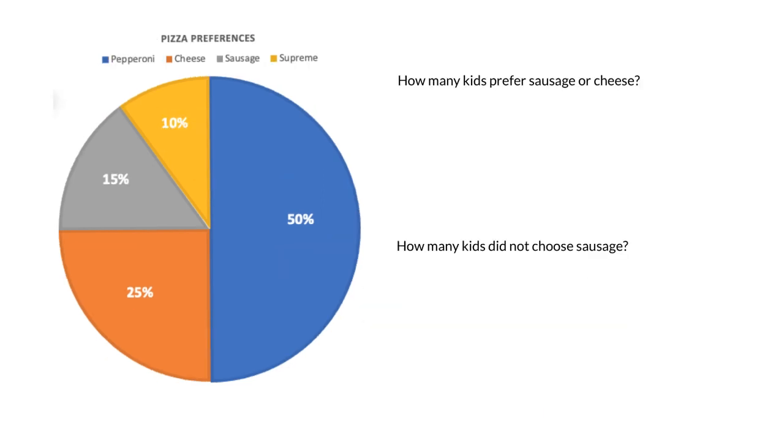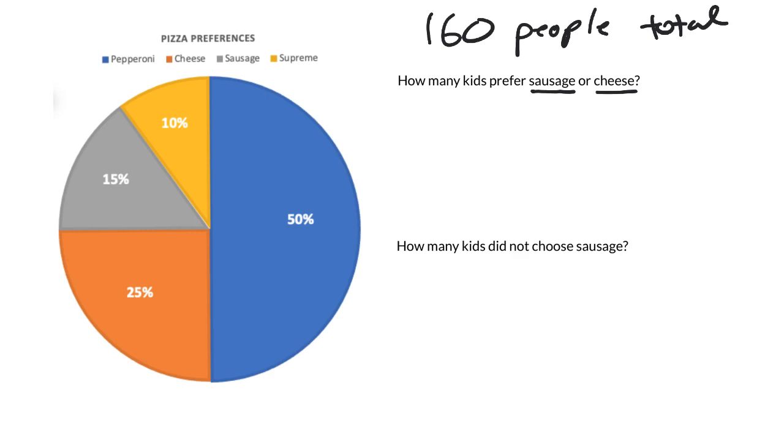Here's our same graph, pizza preferences. Notice everything's identical to the last slide that we did. So it's out of 160 people total, or kids. It says, how many kids prefer sausage or cheese? So this is a little bit different problem because we're asking, I'm okay if they like sausage or I'm okay if they like cheese.